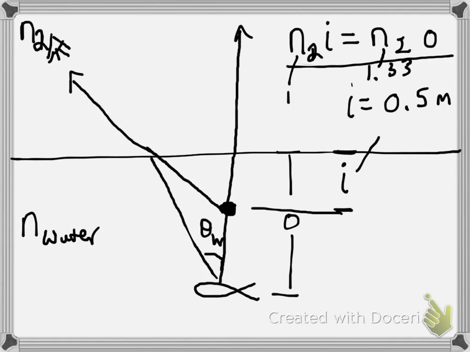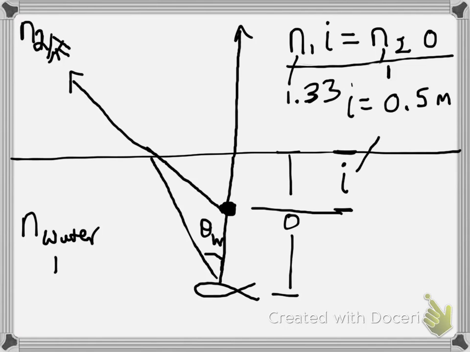So n1 is still water, so in this case, this is 1.33, and n2 is the air in this case, right? So wherever your light is originating from, that is n1, and then where it gets refracted to would be n2. So in this case, the air is n2. So 1.33 is the water, n2 is 1, right?